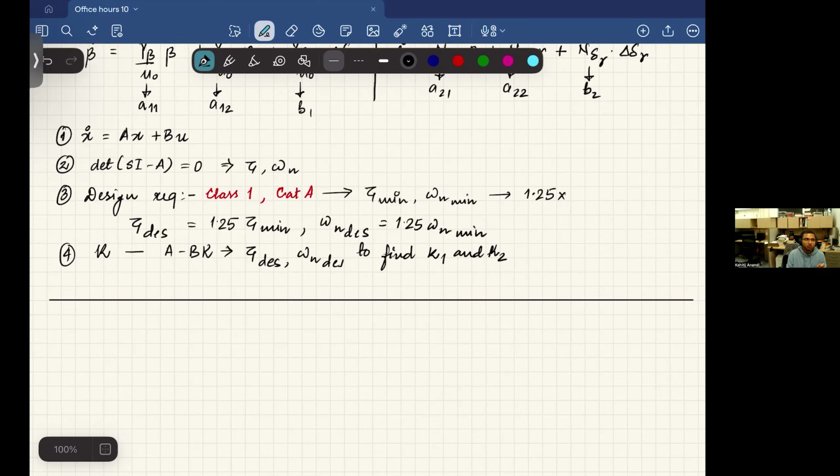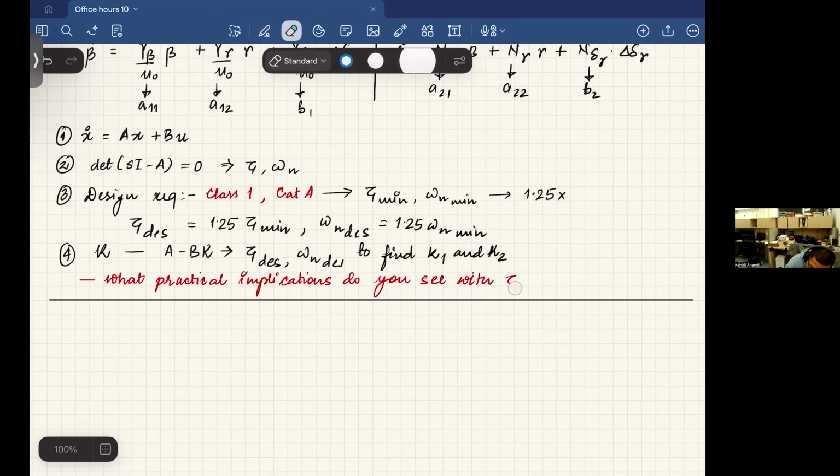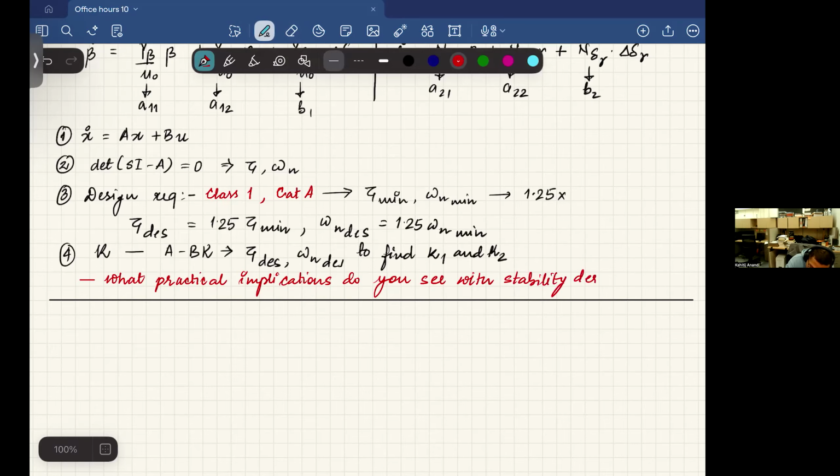And also you need to provide some comments. So basically I just want you to give a short answer to what practical implementations do you see with zeta desired, with the stability derivatives required to achieve zeta desired and omega n desired.